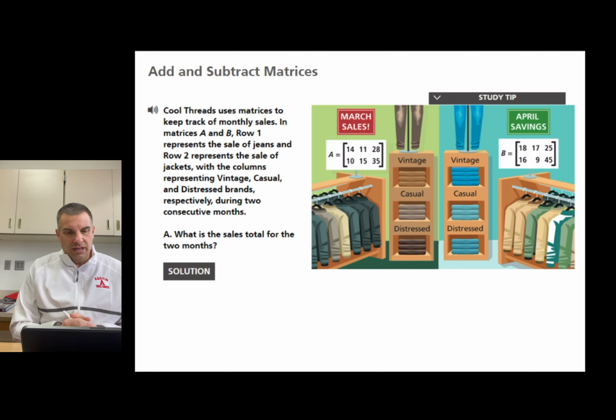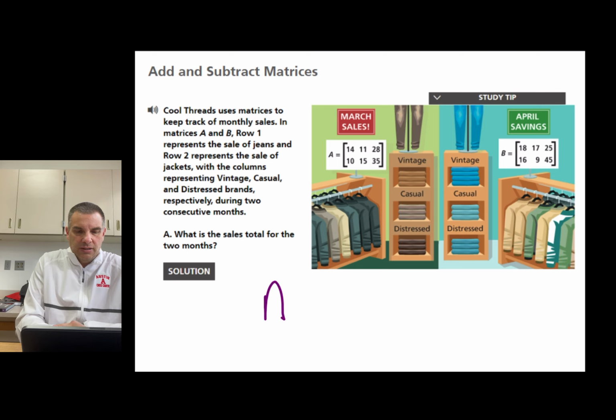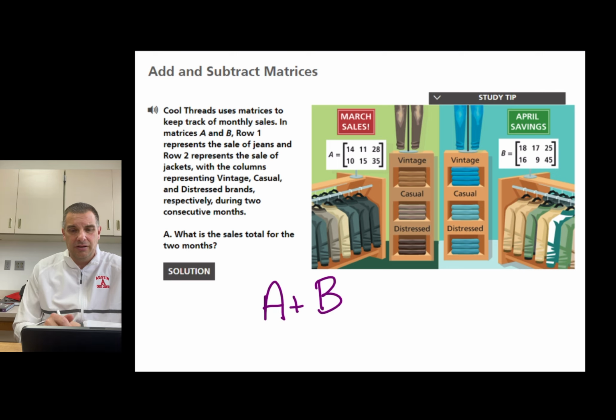Essentially here, what are the total sales for the 2 months? It gives us March sales and April sales. So we're going to add the two elements together. A lot of times in the book you'll see it say take A and add B together.